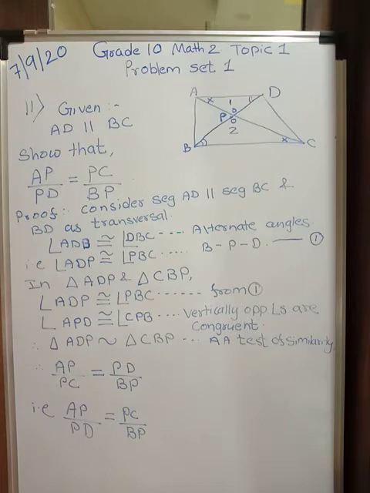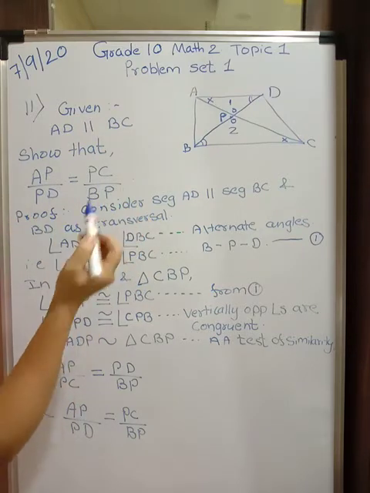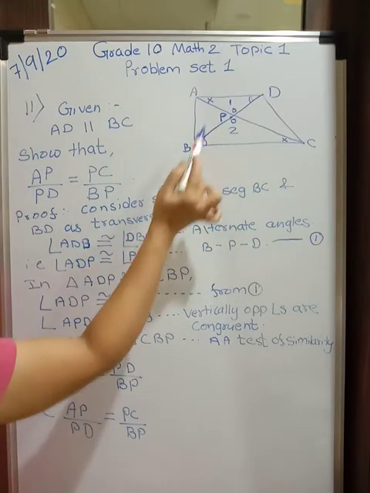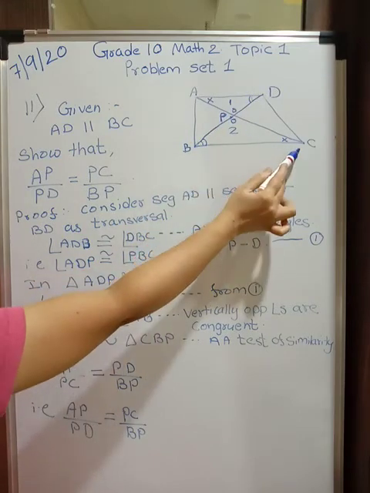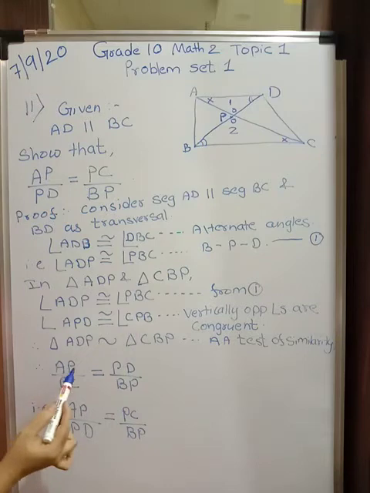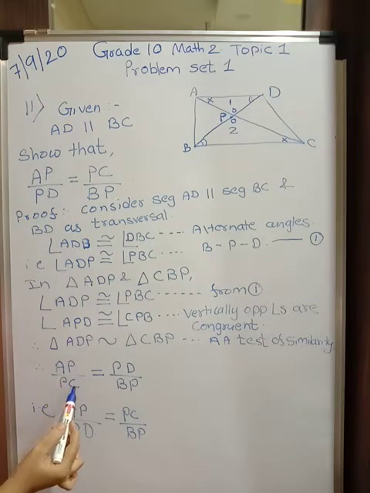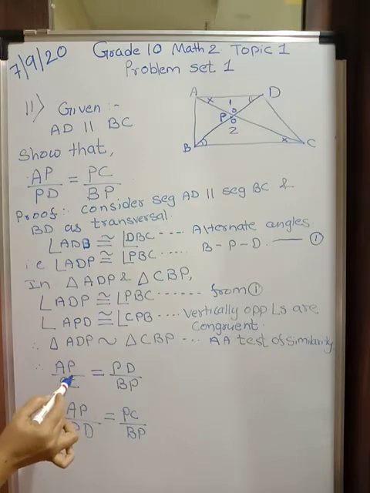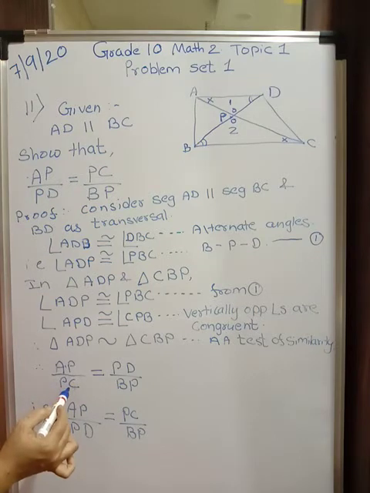AP upon PD. Now where is AP? You see, AP is opposite to this angle, and opposite to this angle will be PC. So first will be AP upon PC. I am concentrating on AP, so I have taken AP, but below AP which side will come? PC will come, because these two are sides opposite to congruent angles.